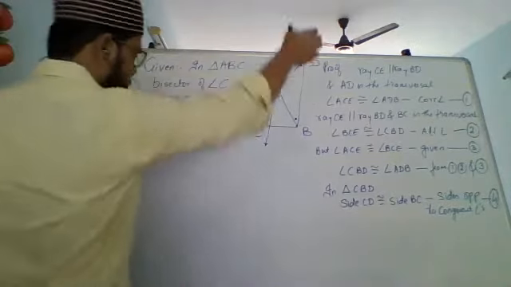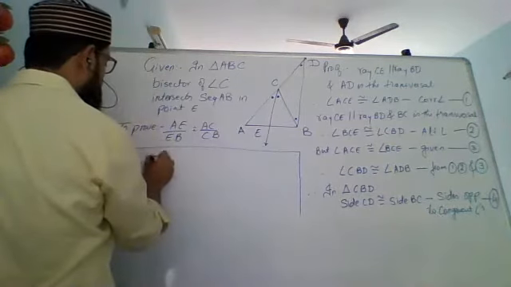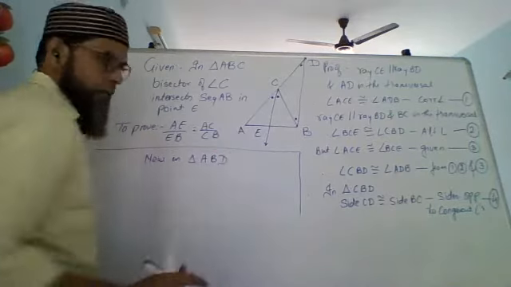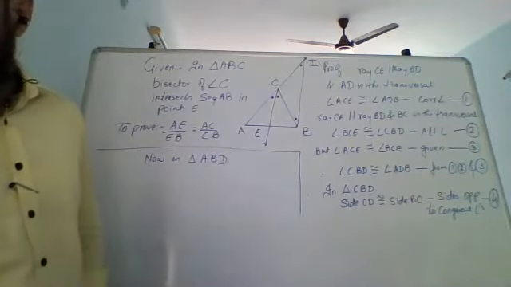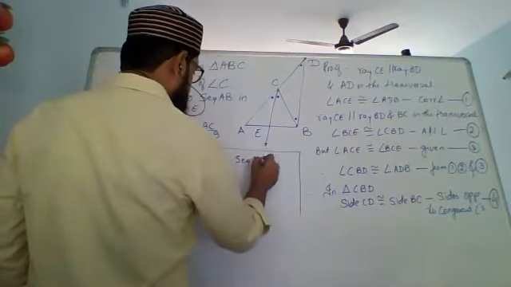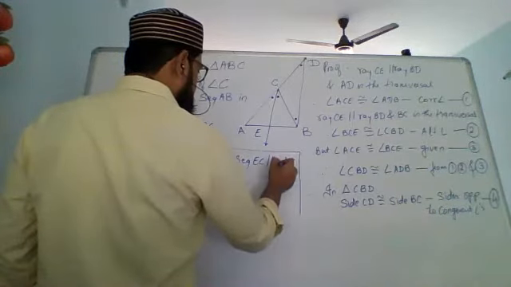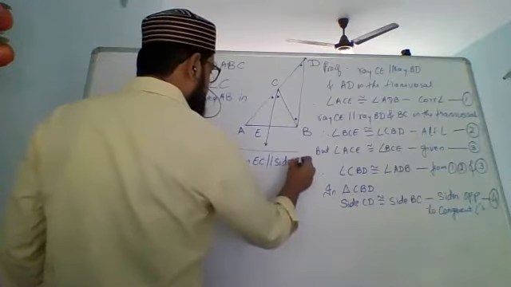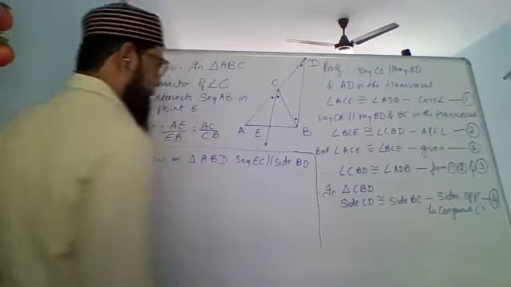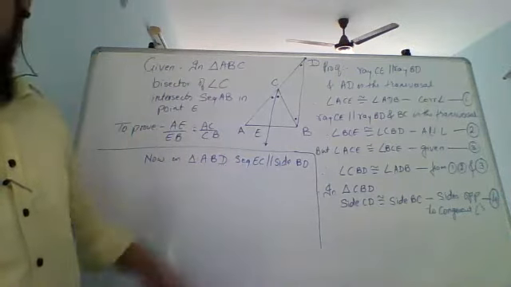Now we look at the full triangle. Now in triangle ABD, segment EC is parallel to side BD, of course, by construction.